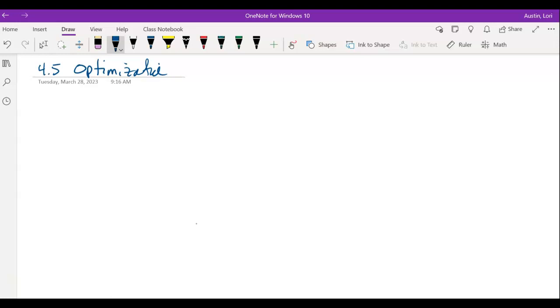Okay, so here's the problem I want you to think about. And you can probably come up with this without going through all the steps, but we're going to go through those steps anyway.